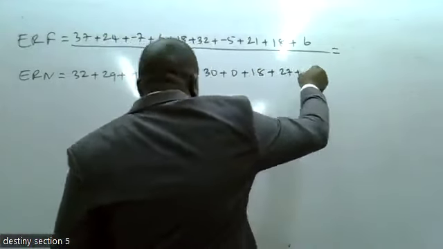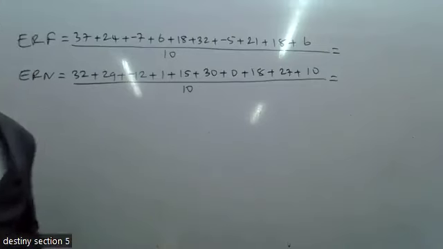So when there are no probabilities, to get the average return or expected return, simply add all of them and divide by their number.